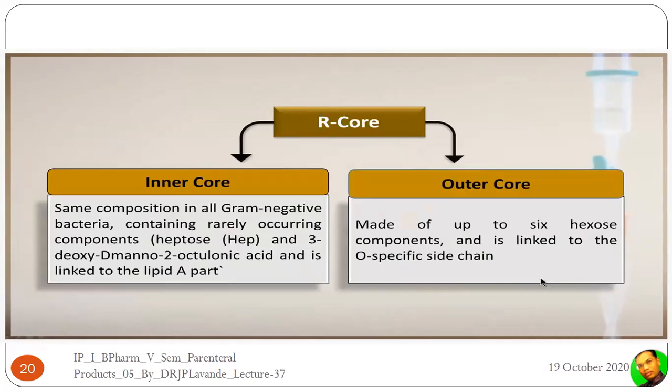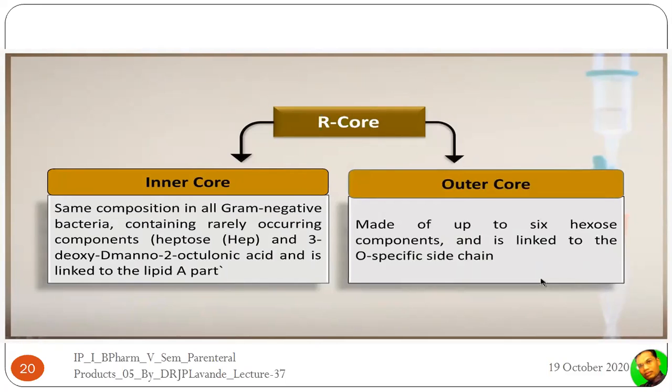The R core shows two different cores, the inner core and the outer core. The inner core has the same composition in all gram-negative bacteria, and contains rarely occurring components like heptose, Hep, and 3-deoxy-D-manno-2-octulosonic acid, and is linked to the lipid A part.